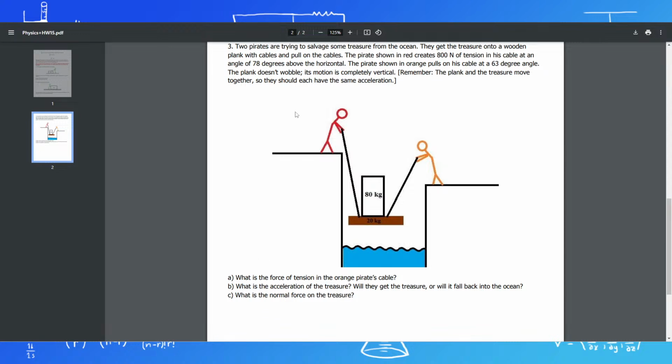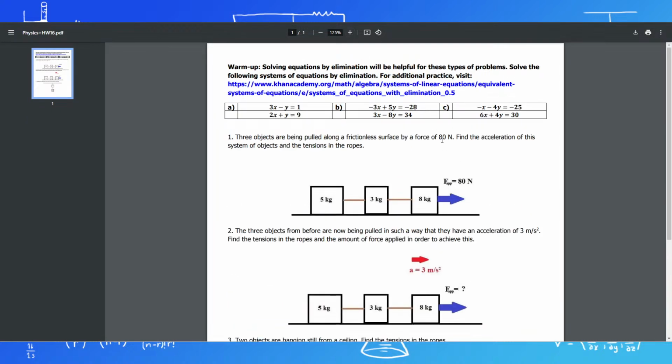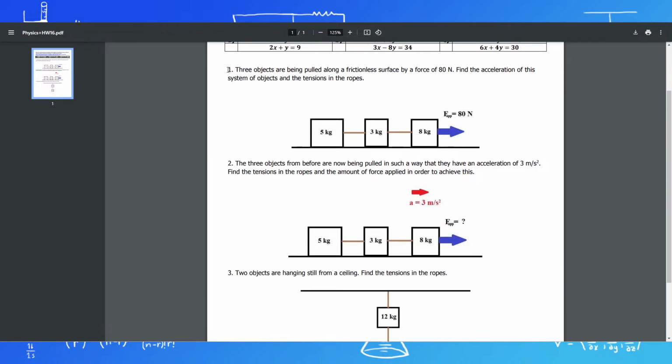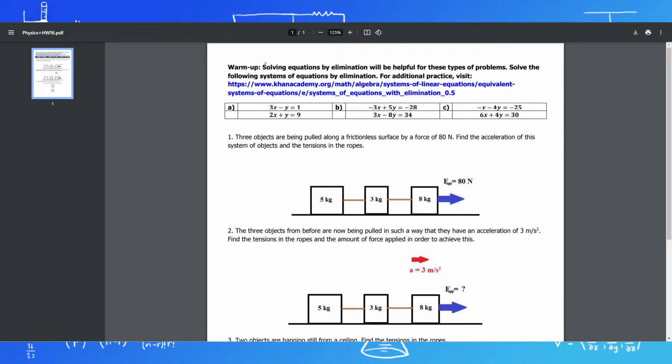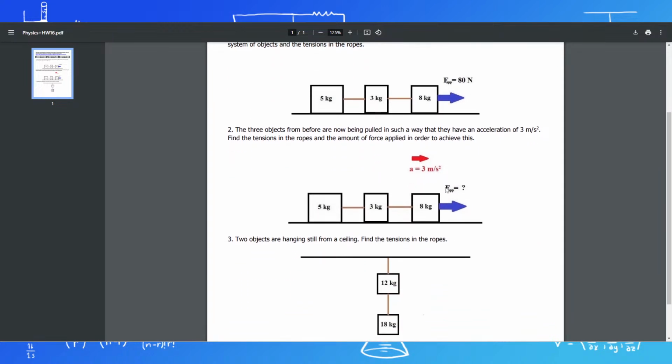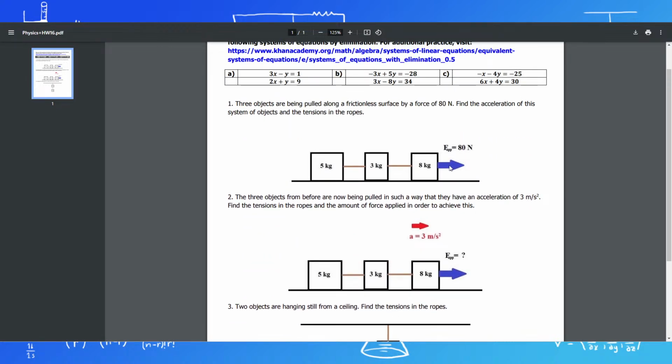Okay, as for this one, it's also solved in a video, but I'll probably just go over it at the beginning next time anyway. I mean, it doesn't hurt to preview it. So you don't have to do the warm-up if you're already good at solving equations by elimination, but the reason I include that here is because these problems where you have multiple objects connected by ropes usually lend themselves to elimination.